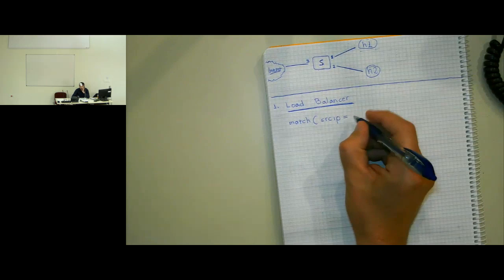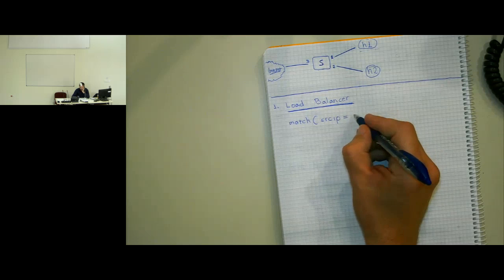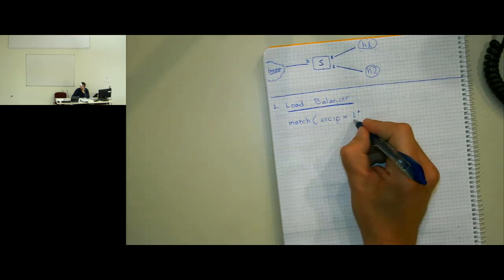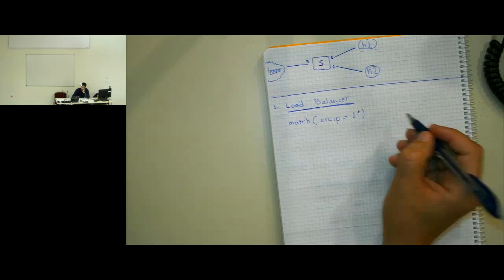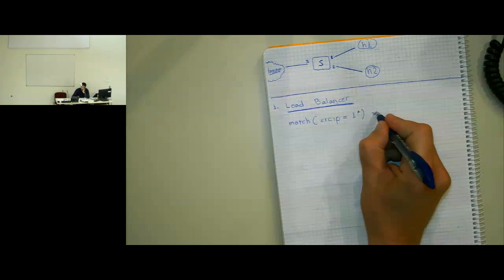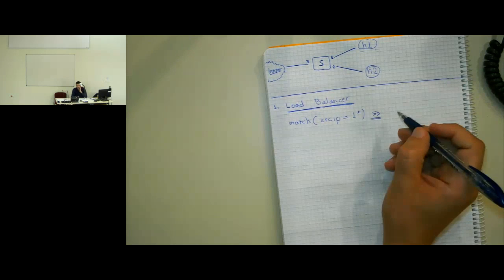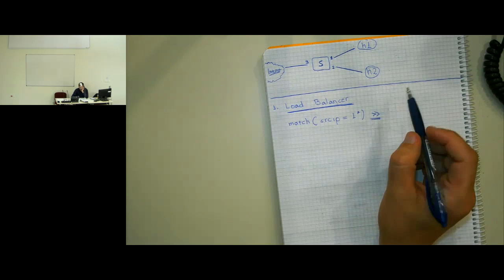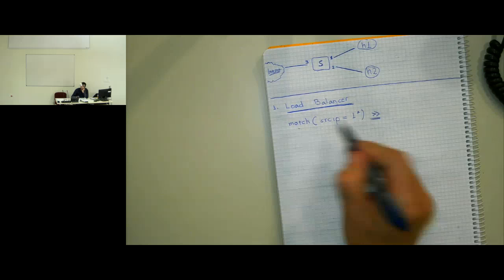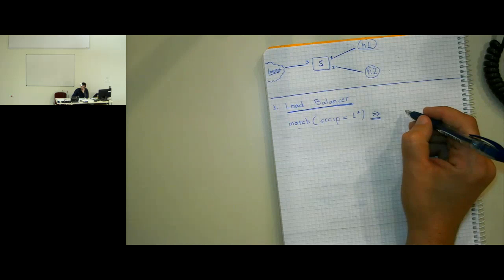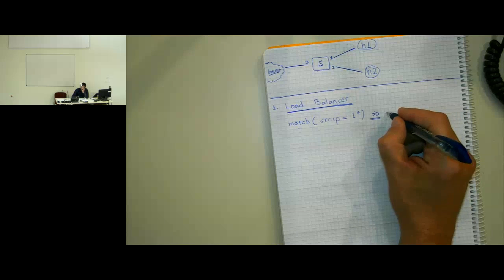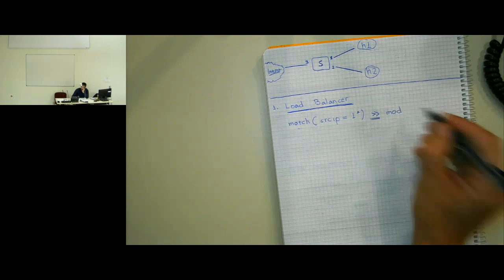We say that all the packets that have source IP starting with a bit of 1, and then we use this operator that says that once we match these packets, then pass these packets to the following action.